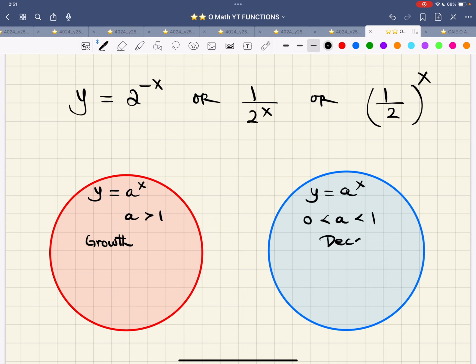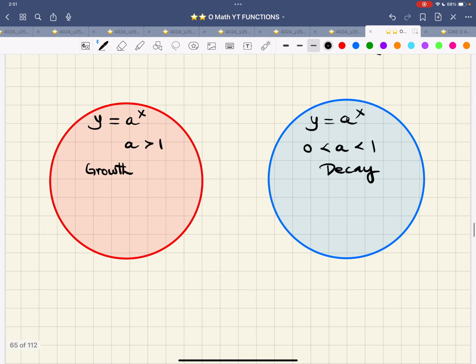This is a graph of decay. Because if a is a fraction between 0 and 1, then a^x is the same as y equals a raised to the power of negative x. That's one thing that you should remember.